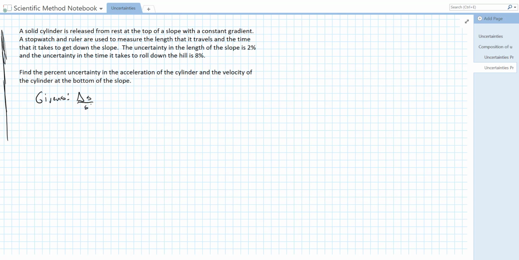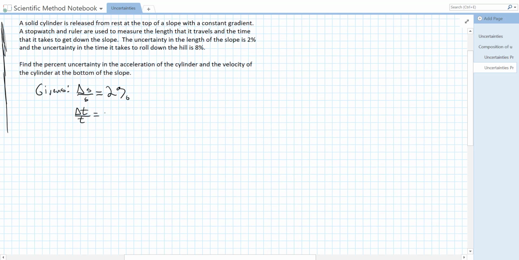We'll be able to use kinematics to solve for it. So I'm going to use my kinematics variable for displacement, S. Delta S over S is equal to 2%. And we're also given our uncertainty in time, delta T over T, percent uncertainty, is equal to 8%.